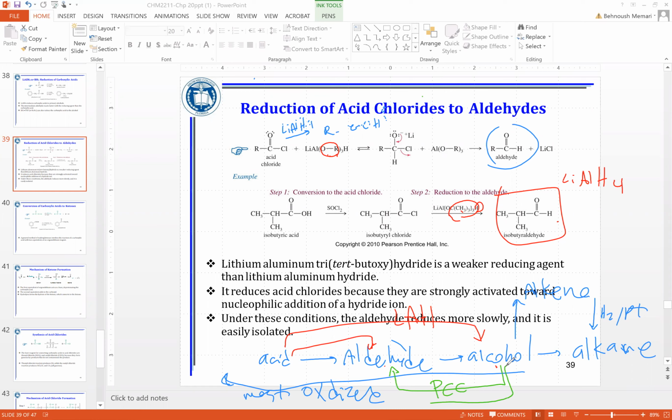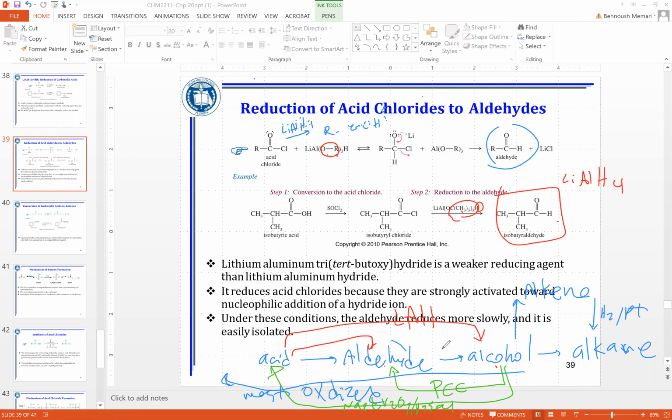But if you want to go from alcohol to carboxylic acid, you would use sodium dichromate, H2SO4. So from alcohol to acid is 2-step oxidation. From aldehyde to acid is 1-step oxidation, but you need a strong oxidizing agent.